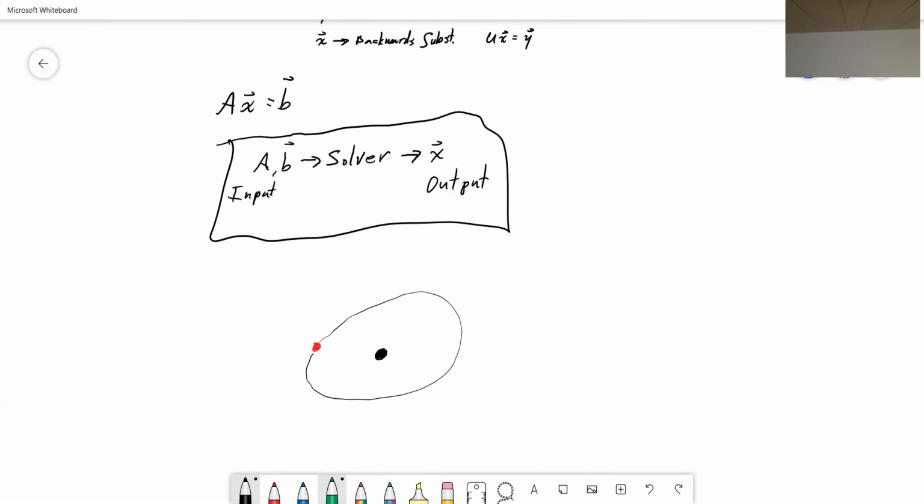So if this model was perfect and the instrument that was taking the measurements were perfect, the set of points would be here along the ellipse, perfectly along the ellipse. But the fact is that in many science and engineering applications, your instruments and your models are not perfect. So they collect noisy data.